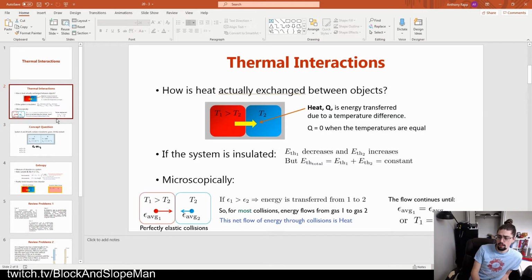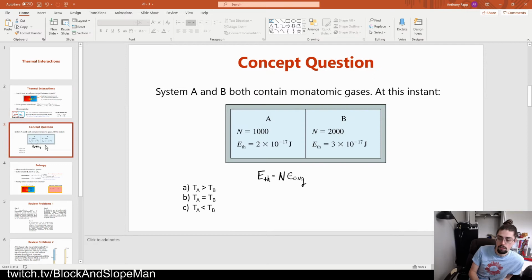And if we go back to the last slide, we remember that temperature changes as long as there is a difference between the average kinetic energy of particles. What that's really saying is that average energy of particles goes along with temperature, right?